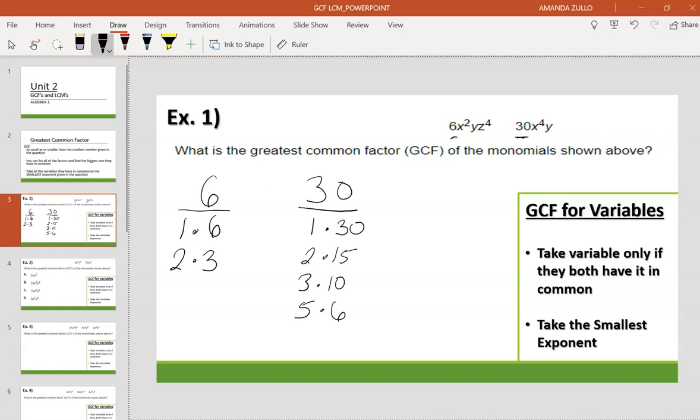All right. So 5 and 6 are factors of 30. So now I know that I'm finished because the number that comes after 5 is 6, and that's already listed. Okay, so now we found all of our factors of both 6 and 30. But we're not looking for all of our factors. We just want to know what our greatest common factor is.